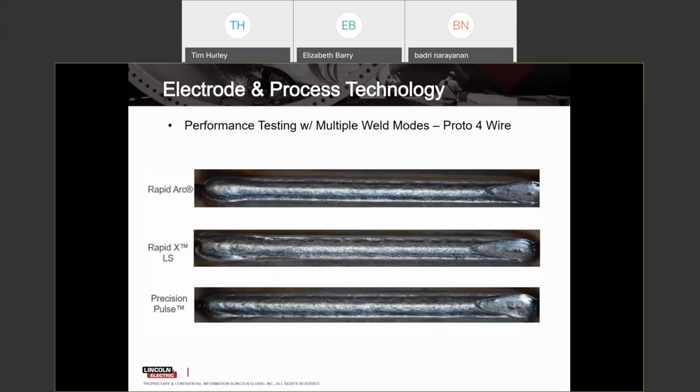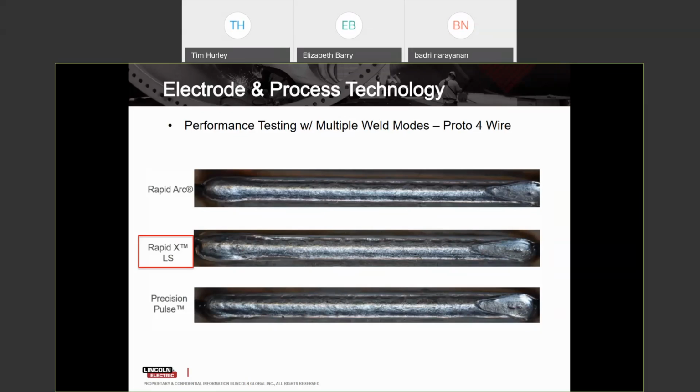So then we took this prototype 4 wire and said, now what can we do from our waveform side in order to maximize the performance of this particular wire? And as you can see here, we have 3 different waveforms: Rapid Arc LS, which is our preferred waveform for a low silicon type solution with this particular wire under these particular shielding gas combinations, Rapid Arc, and precision pulse, which is a little bit more of a standard pulse waveform we have in our portfolio.